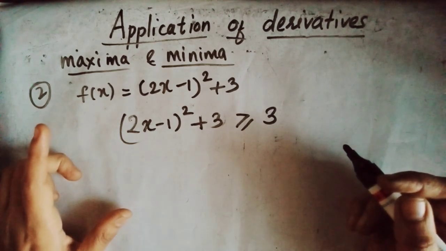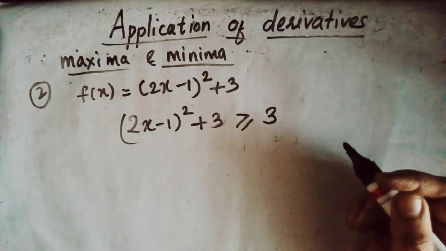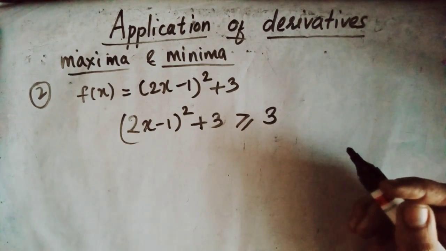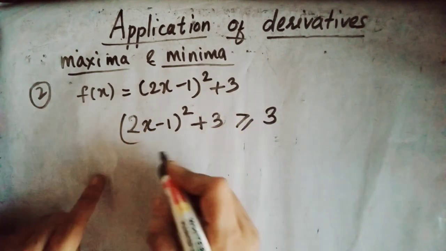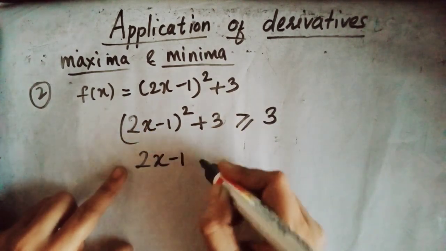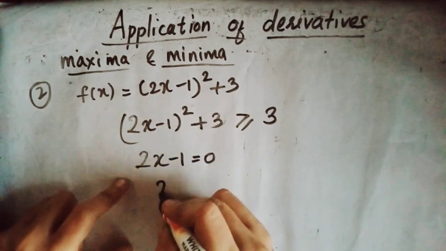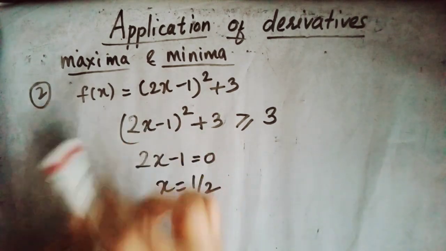So I have to find the minimum value. How to find minimum value now? This will have a minimum value if this term becomes 0. Okay, so if I take 2x minus 1 equal to 0, then I'll get the value of x. Now put this x in f(x).